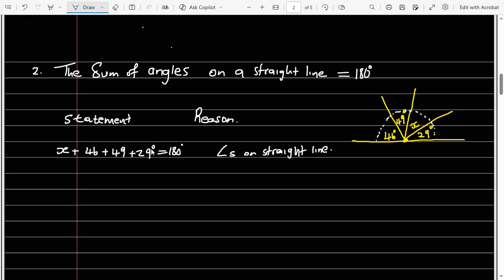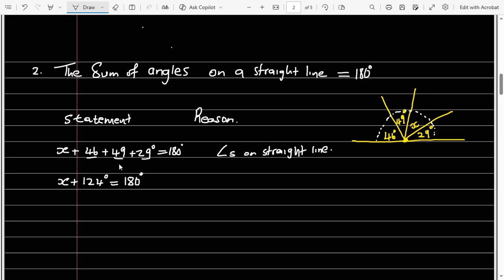Now look at this. The 46, the 49, the 29, those are like terms. You need to add them: 46 plus 49 plus 29. So this gives us x plus 124 degrees, which is still equal to 180. The aim is to solve for x.